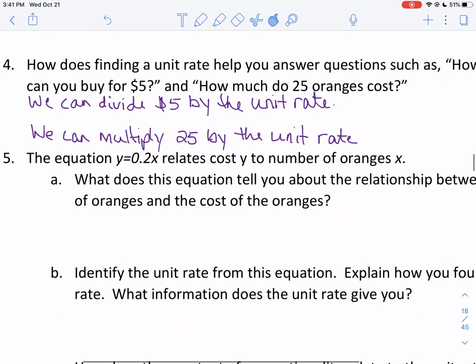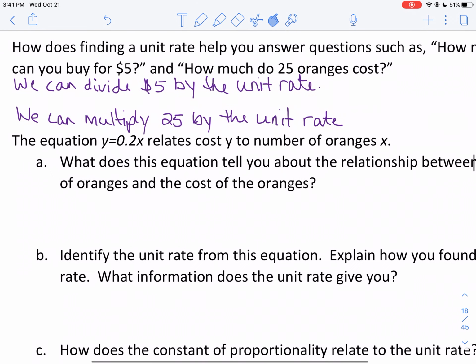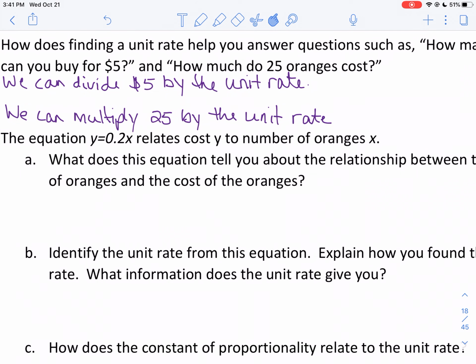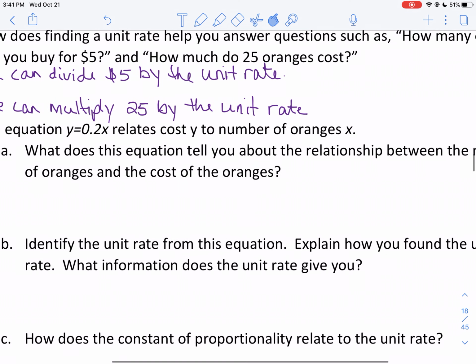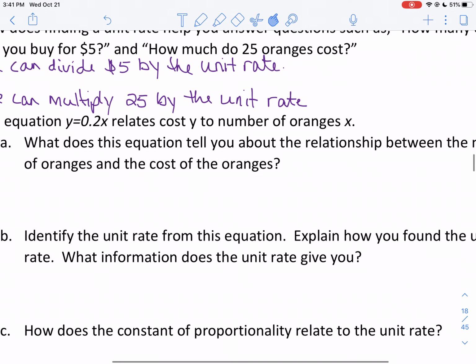All right, number 5. The equation y equals 0.2x relates cost y to the number of oranges x. What does this equation tell you about the relationship between the number of oranges and the cost of oranges?